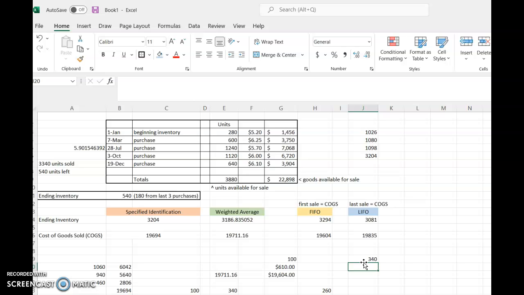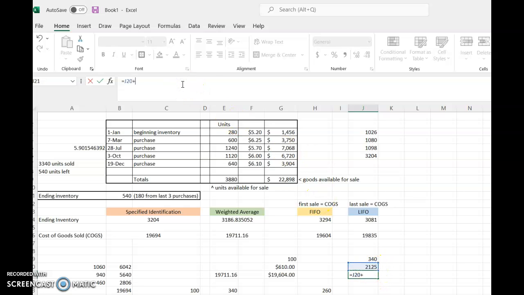And then from there, we are going to multiply that by the price of that sale here, the 625. And that's going to give us the sale amount for that one of 2,125.